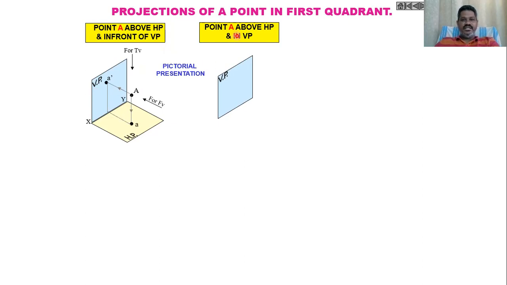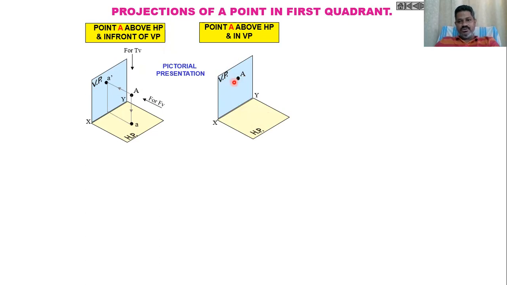The point A is above HP but lies on VP. We will take that example. Now the point is exactly lying in VP, but above HP. As you can see, this point is located at a certain distance from HP, but this point lies on VP like this.